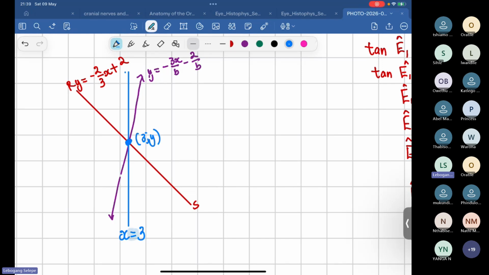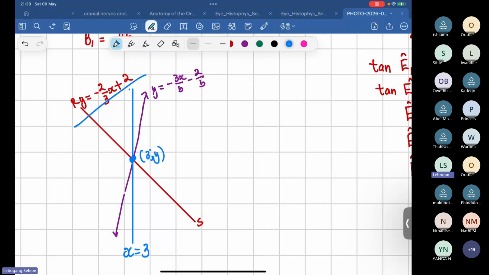Now, if I know the x value of the point, I can determine its y value using this equation if I wanted, right? I could also determine its y value using that equation. But the thing is, in that equation, I don't have the value of b. That's why it's going to be very difficult to calculate the y value using the other equation.